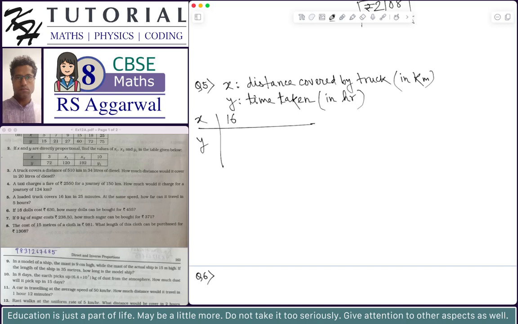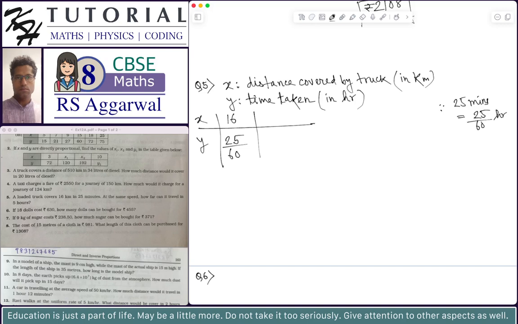So in the table I will not write 25, but 25 by 60, since 25 minutes is equal to 25 by 60 hour, as 1 hour is equal to 60 minutes.